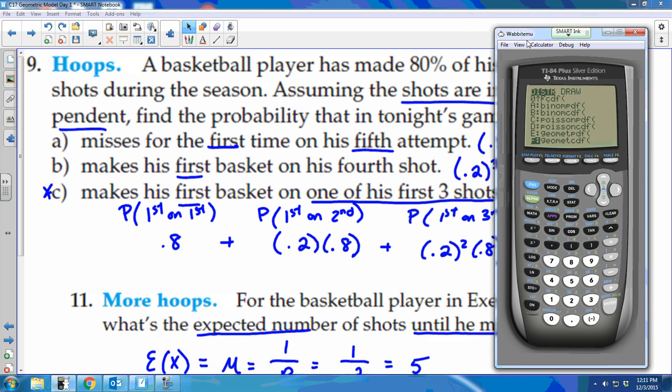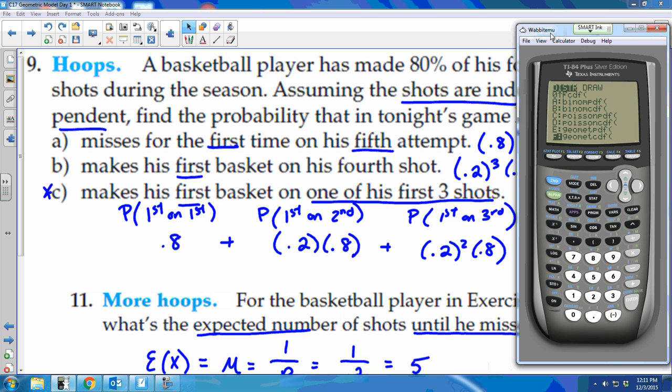Geometric PDF gives you something if it's asking a specific question, like A and B, right? The first thing happens on this specific trial. That's what PDF does, okay? So, for example, if I was going to answer A, misses for the first time on his 5th attempt, P is the probability of whatever you're doing first on that attempt. So misses is P, because we're trying to miss on the 5th attempt.